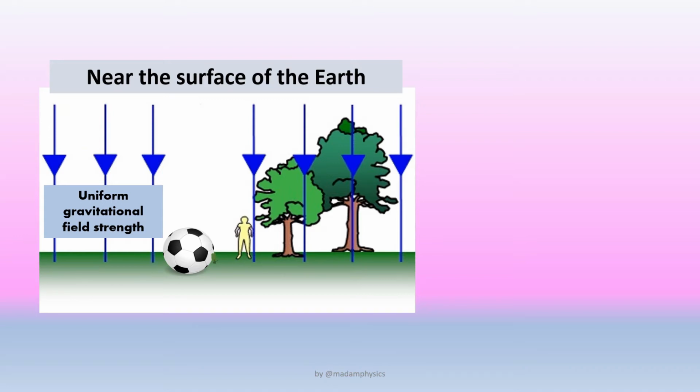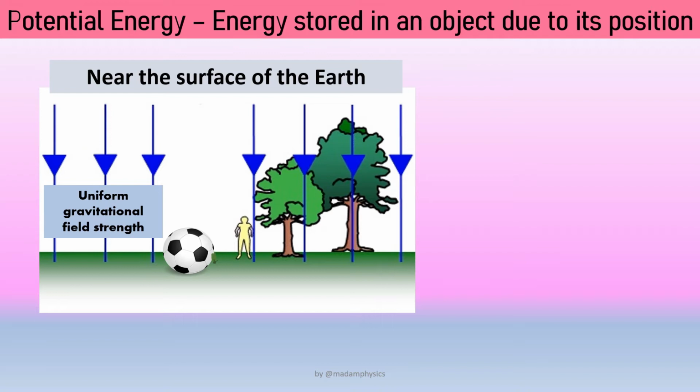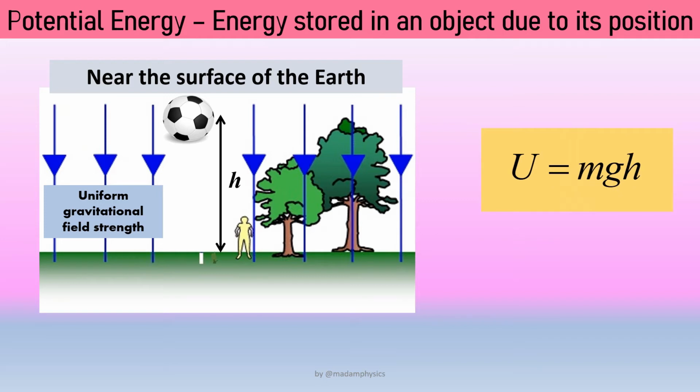Let's look at the general definition of potential energy. Potential energy is the energy associated with position. For example, a ball that is going up will store some potential energy because it has a certain height from the surface of the Earth. To quantify this potential energy, there is a formula that is given by U equals to mgh.